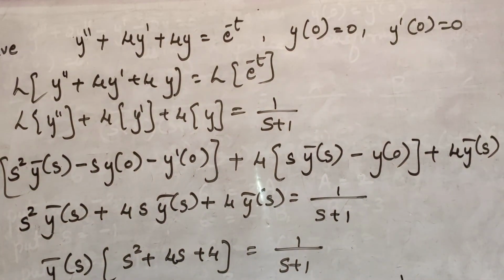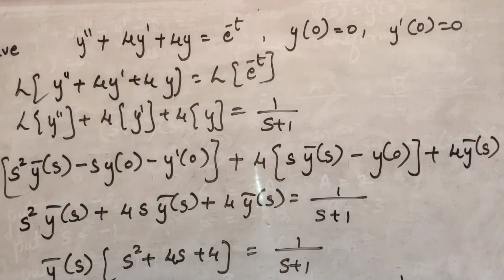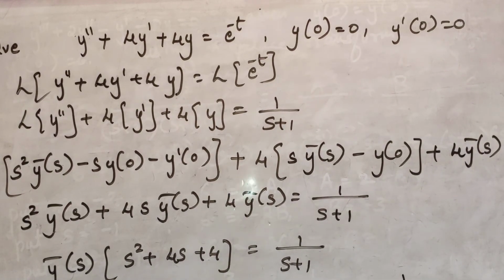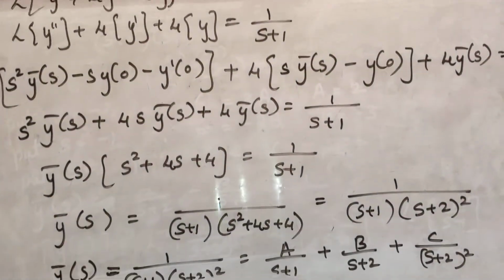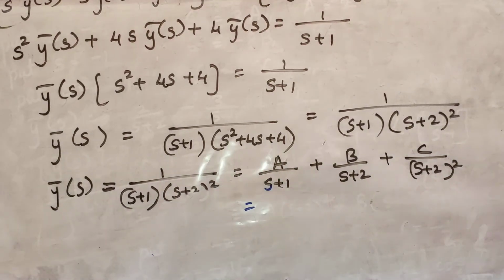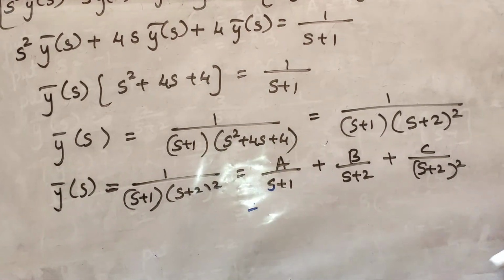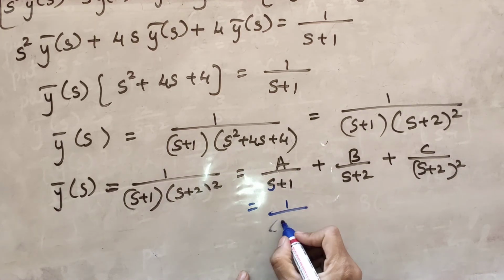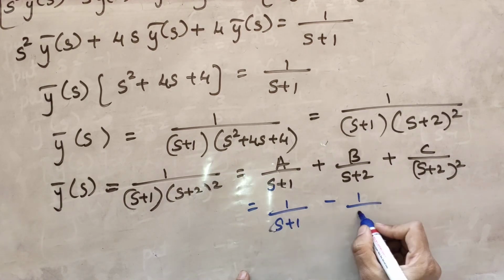Once you get the values for A, B and C, let us substitute them in y bar of S and get the solution, okay. So I'm going to write it here itself. The value for A was 1, so A is 1 divided by S plus 1. B is minus 1 divided by S plus 2.